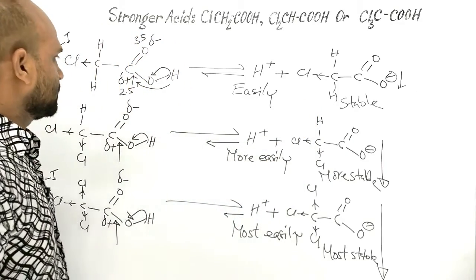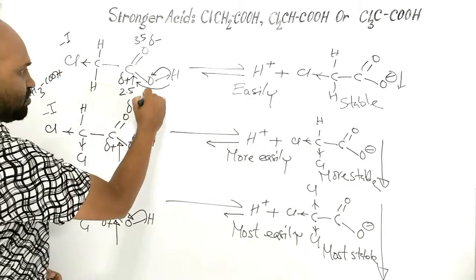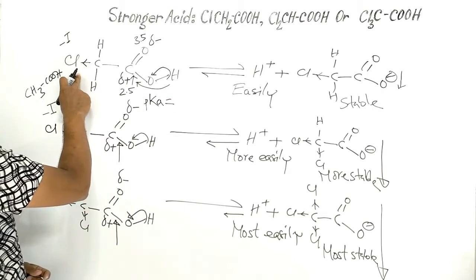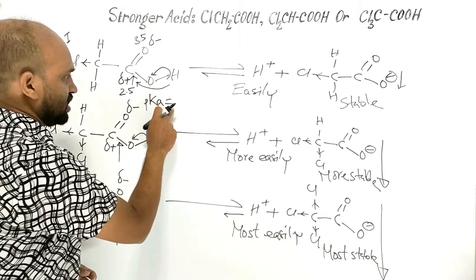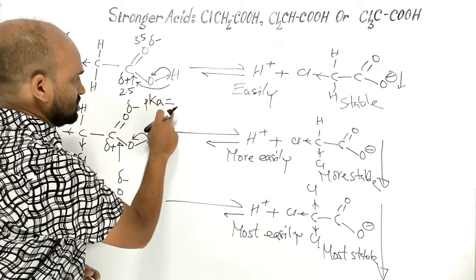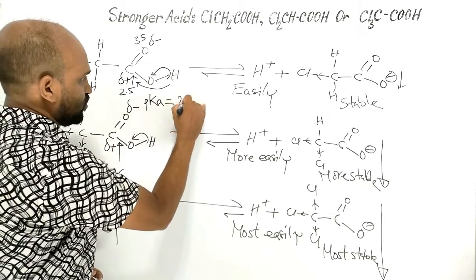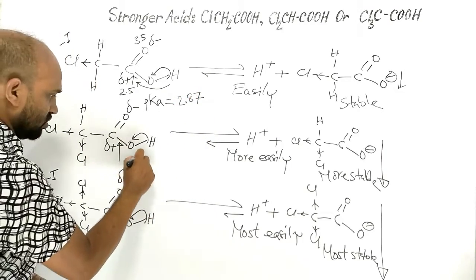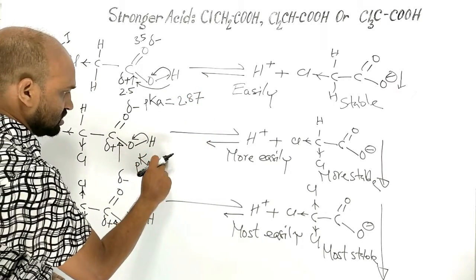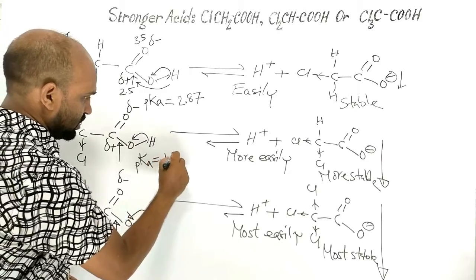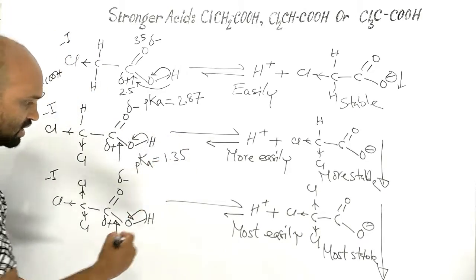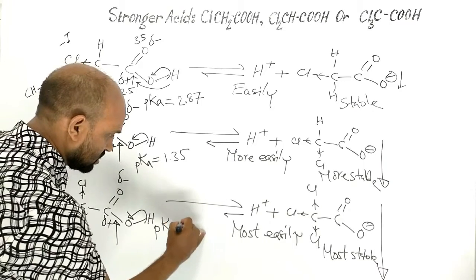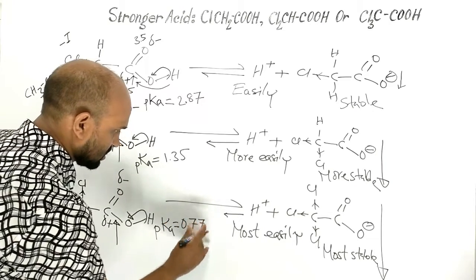Again, the pK value of monochloroacetic acid is 2.87, the pK value of dichloroacetic acid is 1.35, and the pK value of trichloroacetic acid is 0.77.